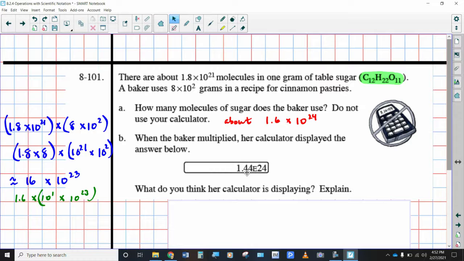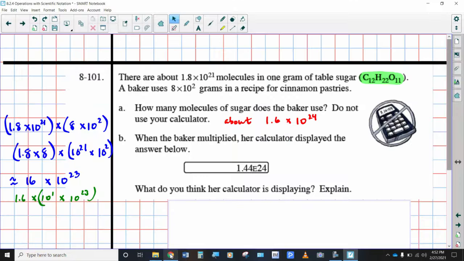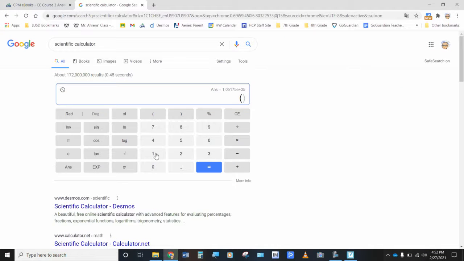Now, when you use a calculator, this is often displayed. If you've got a scientific calculator, go ahead and do this problem using scientific notation. Let's take 1.8 times 8. So I'm going to do that in the first parentheses, 1.8 times 8, end parentheses.